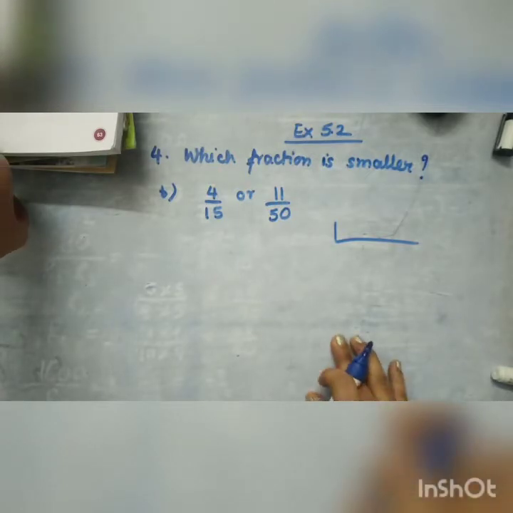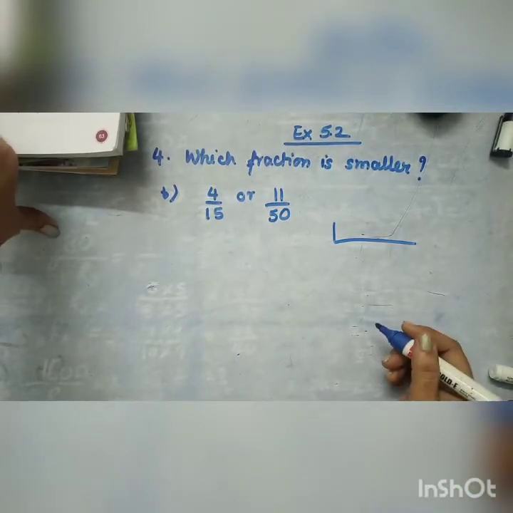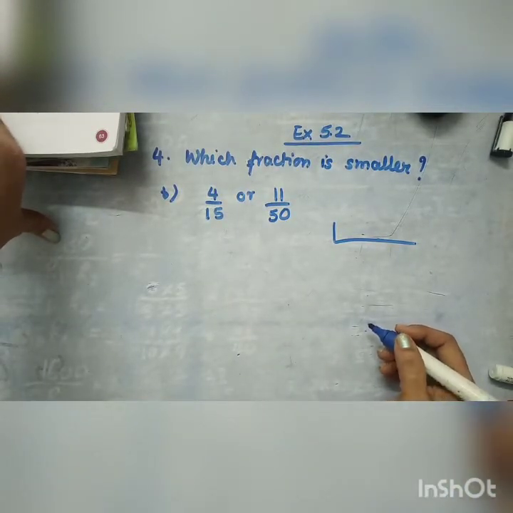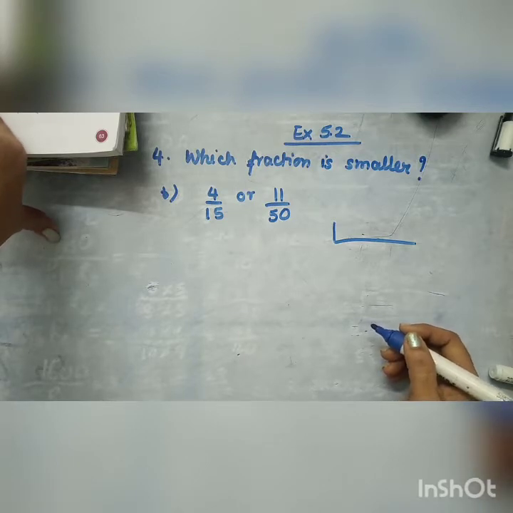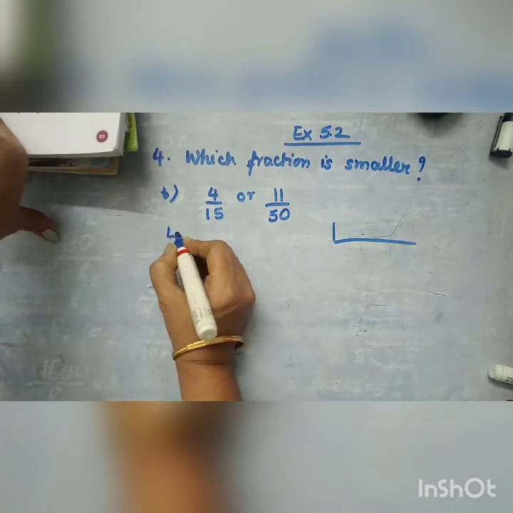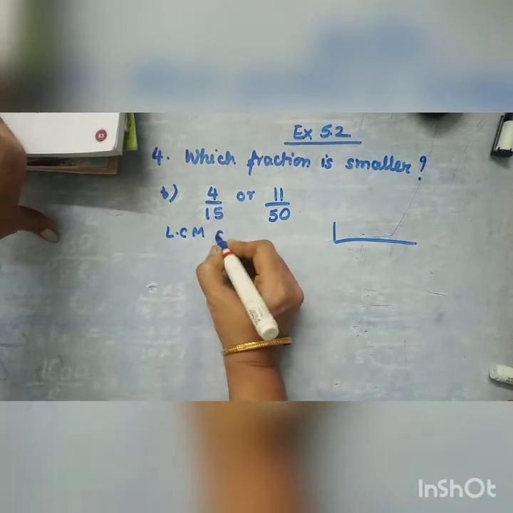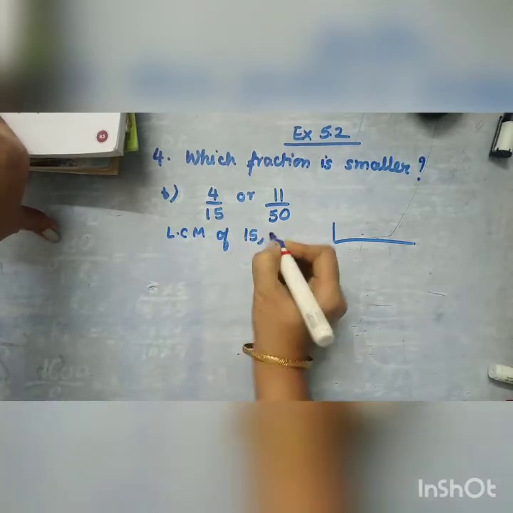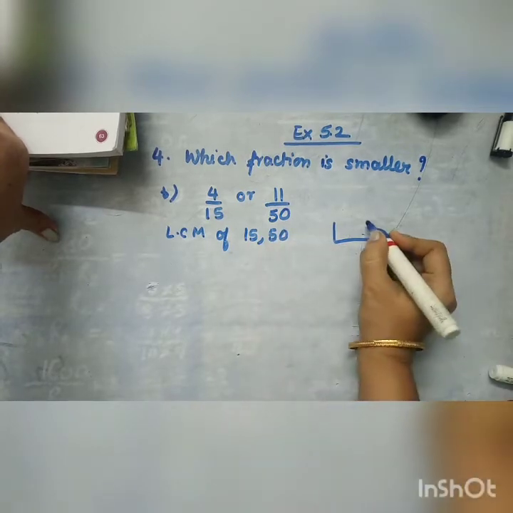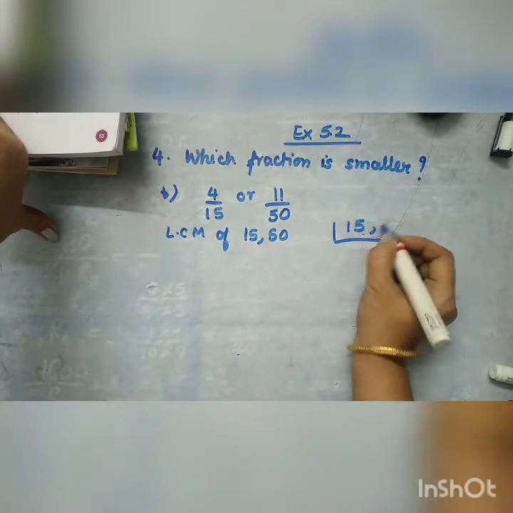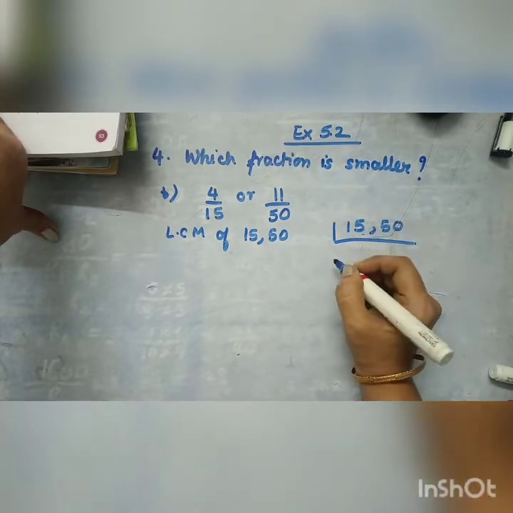Now the second, B question is 4 upon 15 or 11 upon 15. So out of these two fractions, which one is smaller? Again, you need to take out the LCM of 15 and 50. So write down 15 and 50 here to take out the LCM.